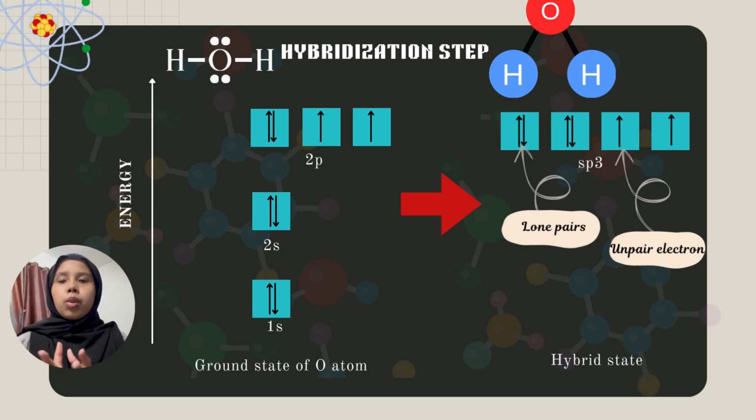Before the bonding happens, the oxygen orbitals undergo hybridization. One 2s orbital and 3 2p orbitals combine to form 4 sp3 orbitals, as shown on the right side.